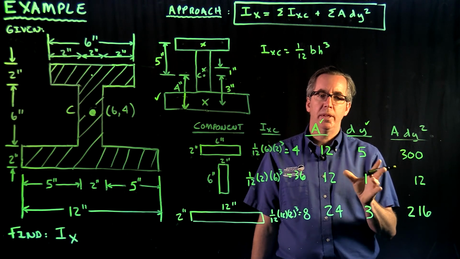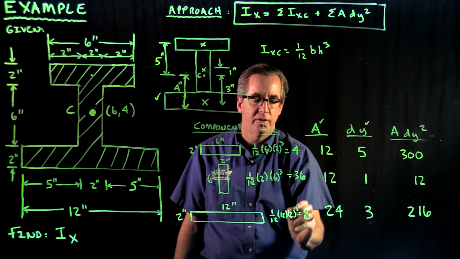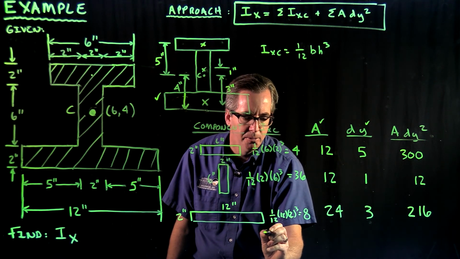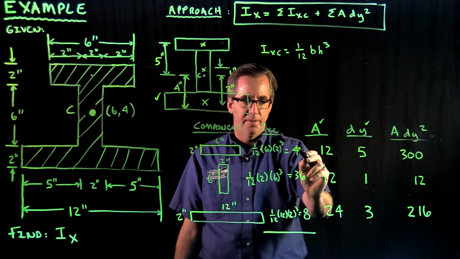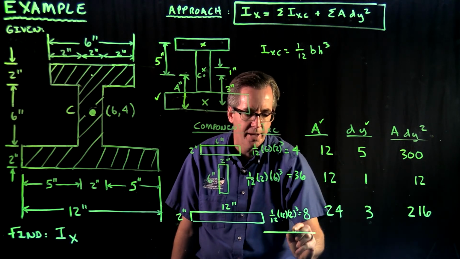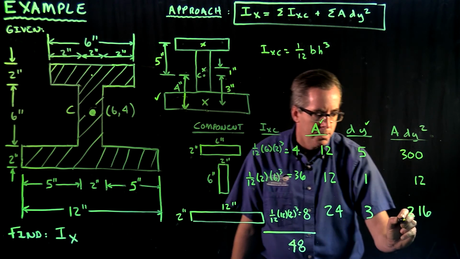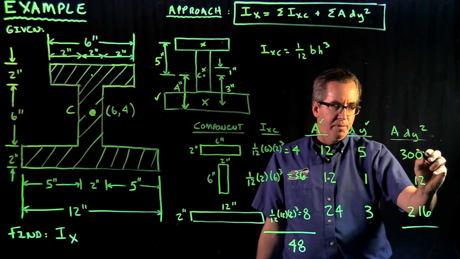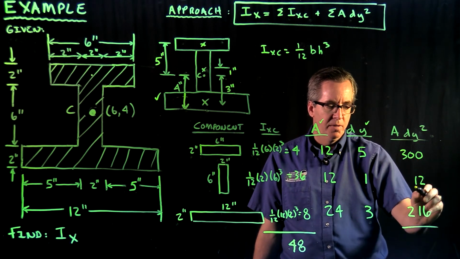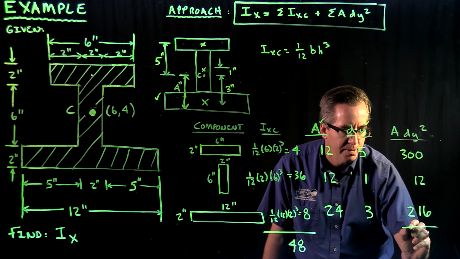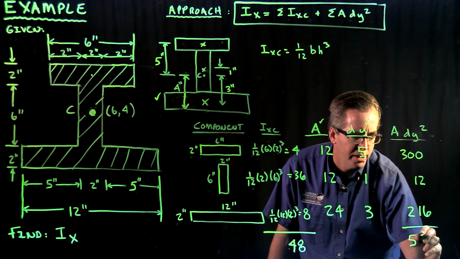Now, according to the formula, I need to sum up these terms. I'm going to sum up the moment of inertia term for each individual component. So I have 4 plus 36 is 40 plus 8 is 48. Here, I'm going to have 300 plus 12 is 312 plus 216 is going to be 528.